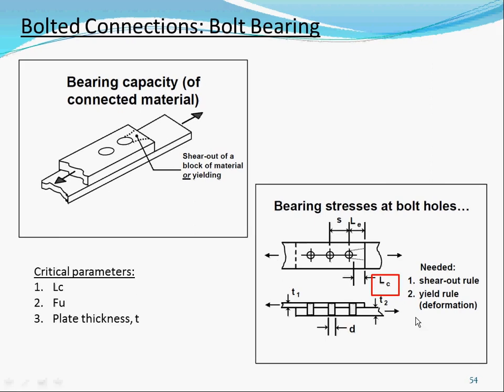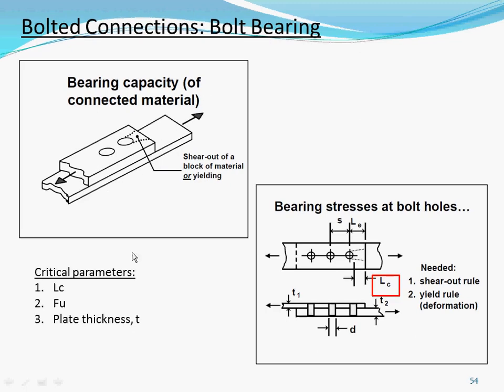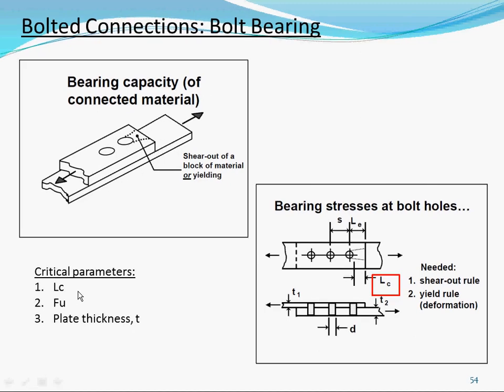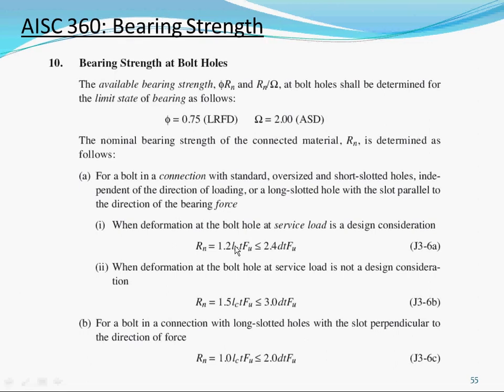You could tear out the plate. This dimension L_c is critical, as well as F_u and the plate thickness. So the bearing is based on basically these three parameters. If you look at bearing in AISC, L_c, t, and F_u are the parameters they have in there.